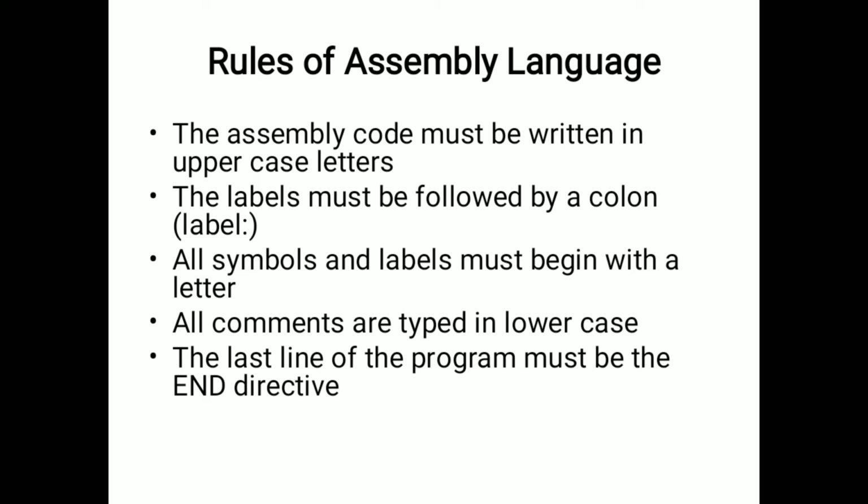We cannot use any symbol or label that starts with a number. It should start with a letter, but we cannot use a number at the start. That is not allowed in assembly language programming.